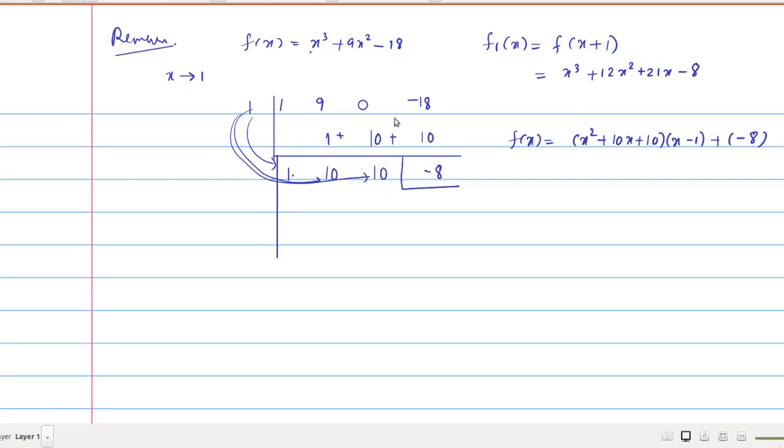Now you consider the quotient, and you divide it again by x minus 1. You place this 1 over here and multiply it with this 1, that will give 1 again. Adding these, you get 11, and multiply it with 1, that will give 11 again. So the sum of those two numbers gives 21. Okay, so this will be the remainder, and this is the quotient.